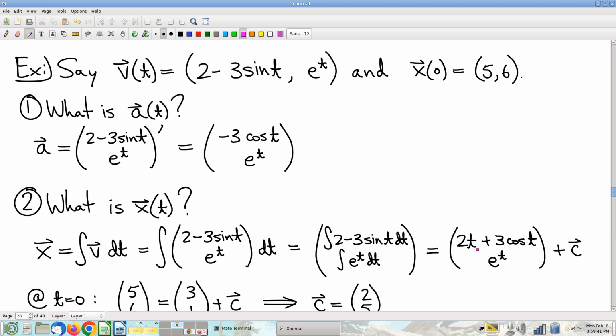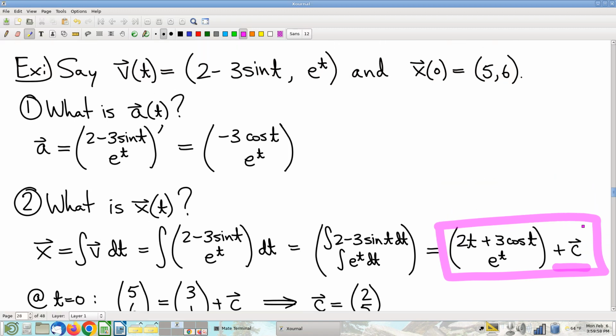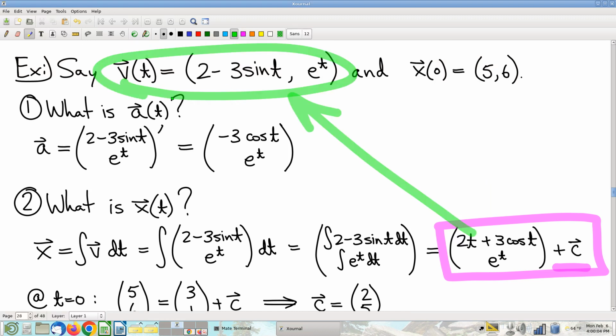All right, so that said, don't forget your plus C, and you have to have the plus C in here, because remember, everything that I've got written down here, no matter what C you put there, is a perfectly acceptable antiderivative because, after all, any one of these things, when you take the derivative, will all give you the same velocity, because when you take that derivative, the constant goes away.